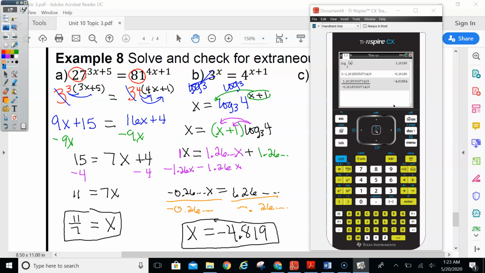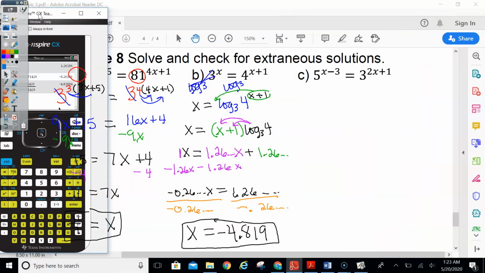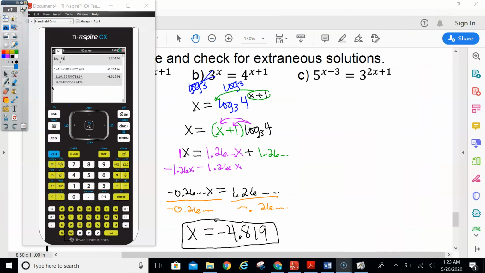Okay, and then C is pretty much the same thing. So when we solve C, again, it doesn't matter which side you take the log base of. I recommend always taking it for the smaller one, but that's just a preference. You can take it with whatever base you want.